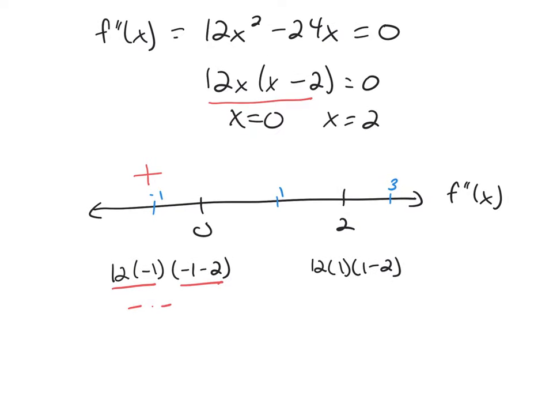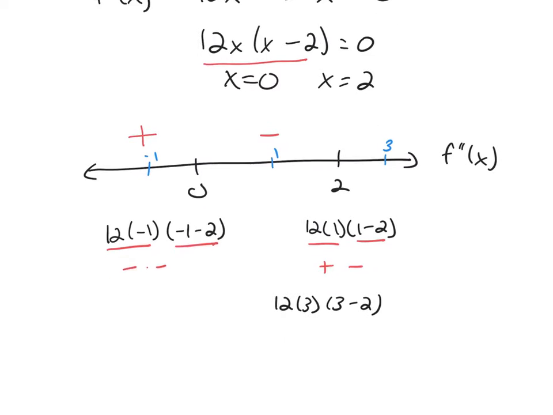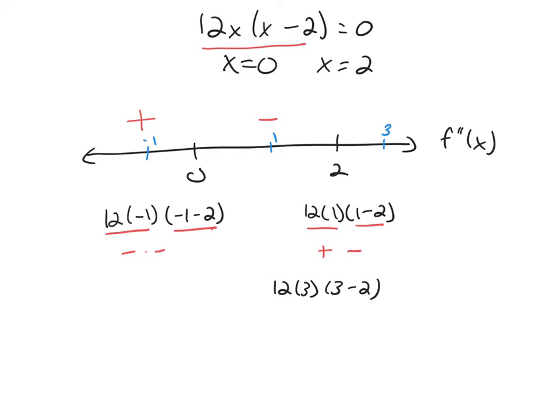So this will be positive, this will be negative, so overall negative. And the last one, plug in 3, so 12 times 3, 3 minus 2, this is positive, this is positive, positive times positive is positive.